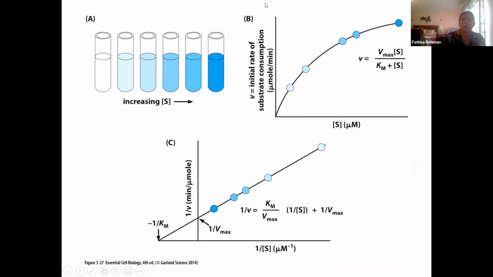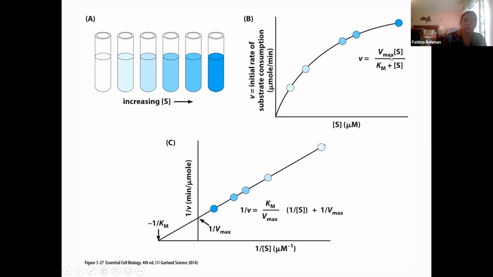If you plot the initial rate of substrate consumption against your substrate concentration, you can calculate the Vmax and your Michaelis-Menten constant as well.